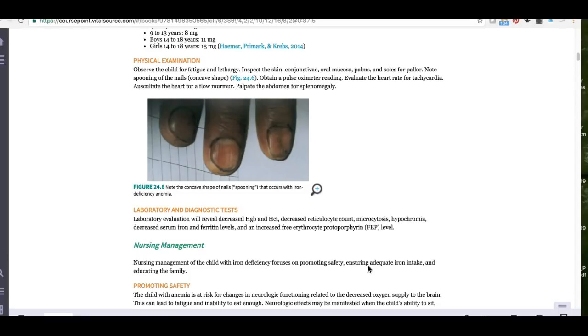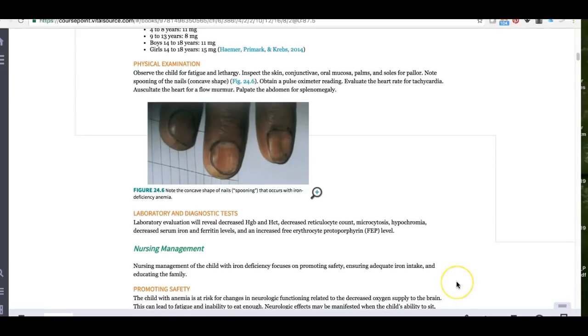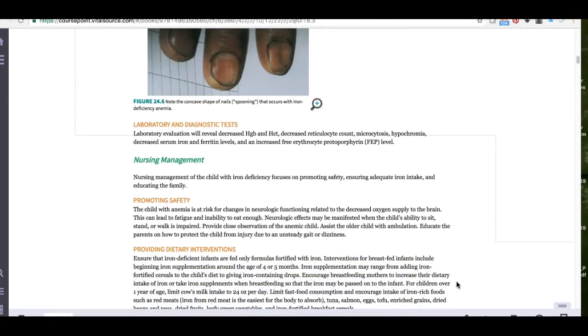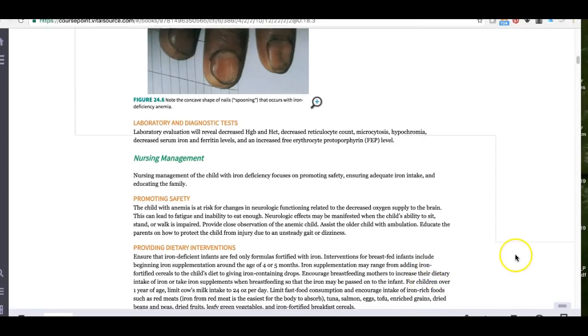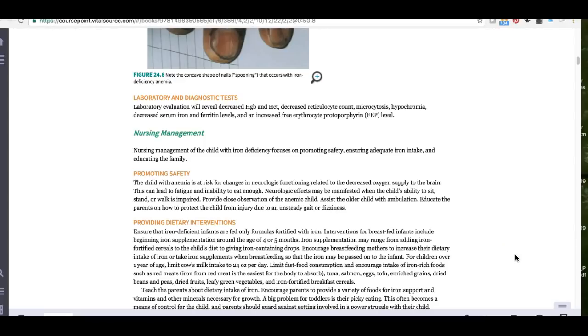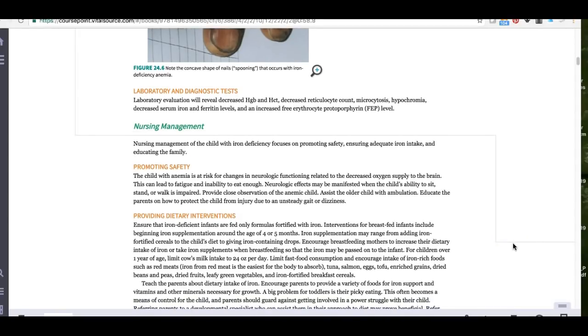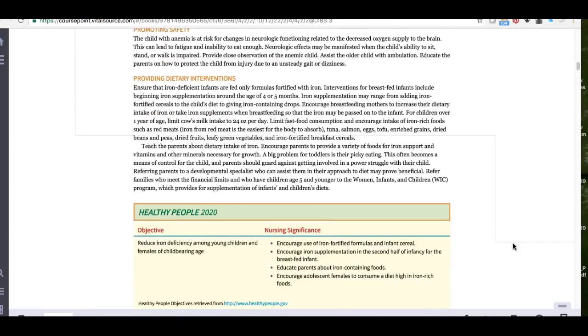You might see some spooning of the nails, and there's a really good picture of nail spooning with iron deficiency anemia there. All right, so promoting safety: these kids are going to be tired and clumsy, so you want to make sure that you keep them safe. They get dizzy when they stand up, so tell them to stand up really slowly until you can get their iron levels back where they need to be. Iron supplements is the way that you're going to fix this.